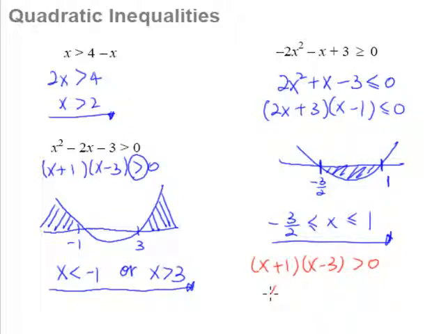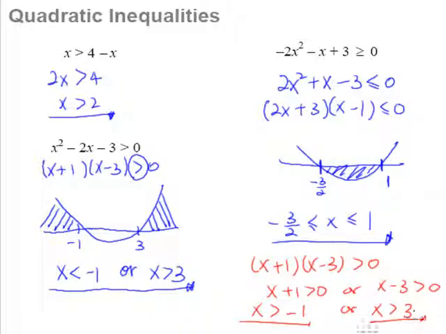This is simple, I've seen this somewhere before. So, x plus 1 greater than 0 or x minus 3 greater than 0. So therefore x has to be greater than negative 1 or x has to be greater than positive 3. Of course, the person who comes up with this solution is not going to get full marks.